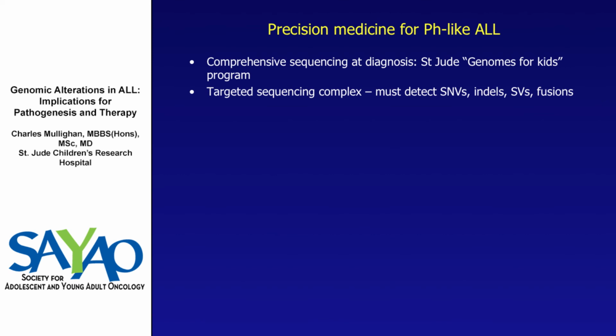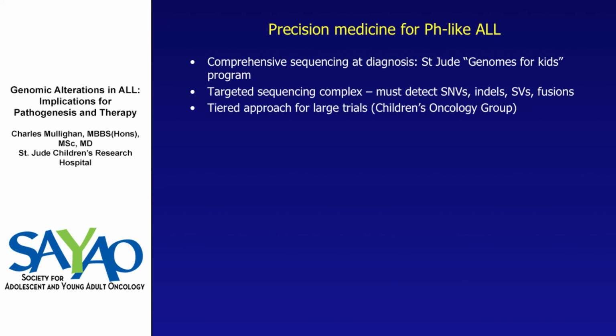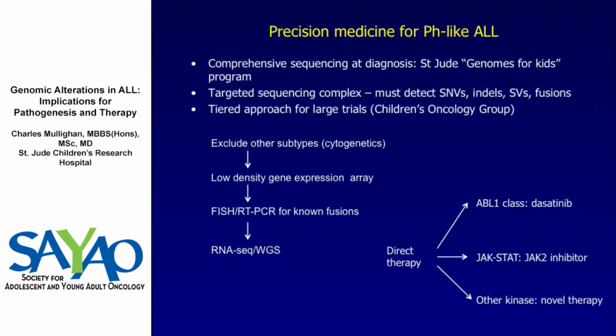So there are other approaches that are possible, such as targeted sequencing, which is becoming increasingly widely used, although one can perhaps anticipate this will be somewhat complex because of the genomic heterogeneity. And the other end of the spectrum, the Children's Oncology Group is planning a study that will also open in the near future of a national study of PH-like ALL that will use a tiered approach.